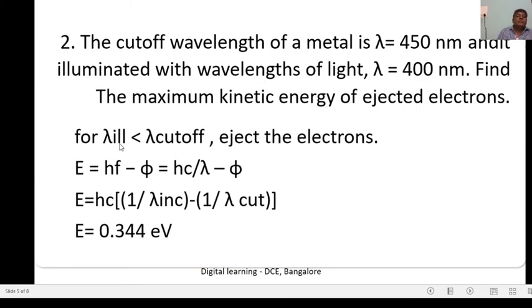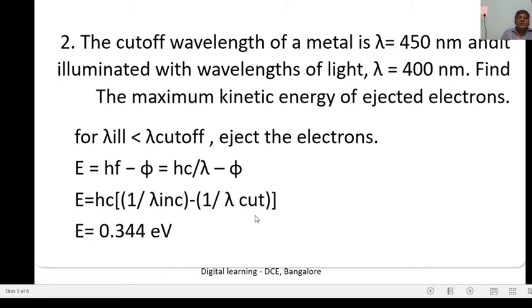If the illumination wavelength is less than the cutoff wavelength, the electron is ejected. Then the energy h nu is equal to the work function plus kinetic energy. hf is nothing but hc by lambda minus phi. Then the energy E is equal to hc into 1 upon incident wavelength minus 1 upon cutoff wavelength.